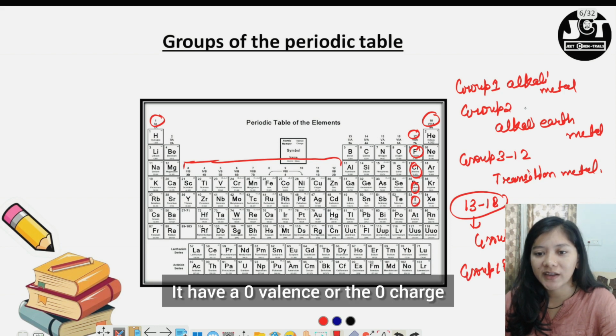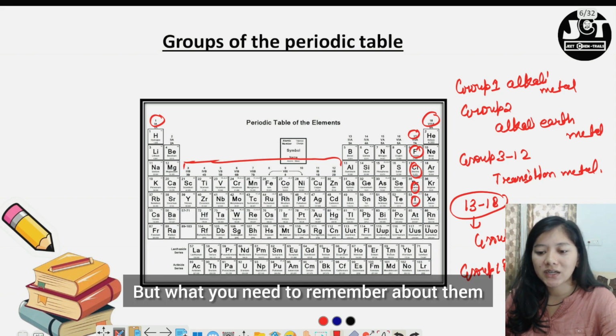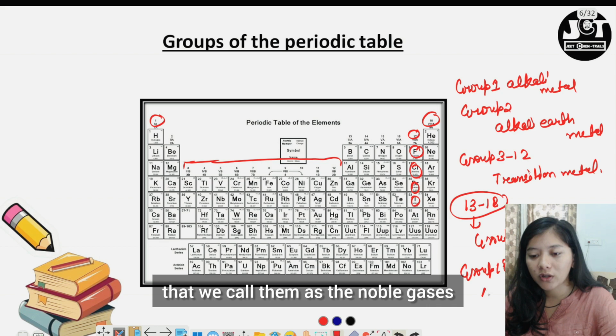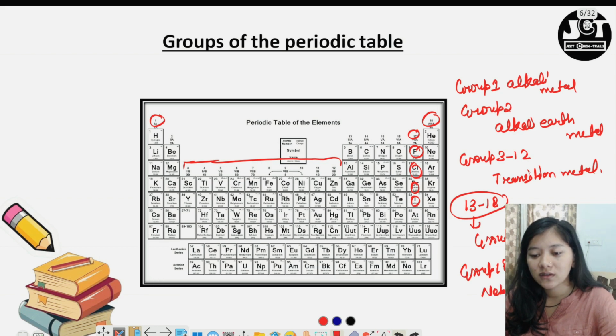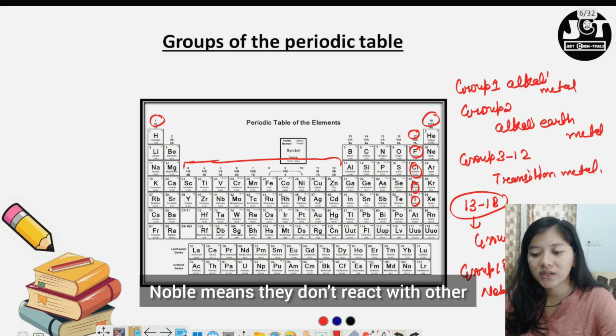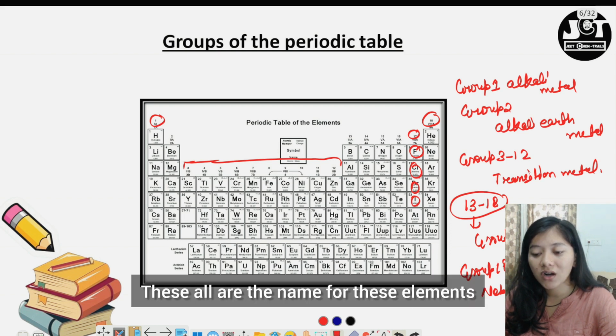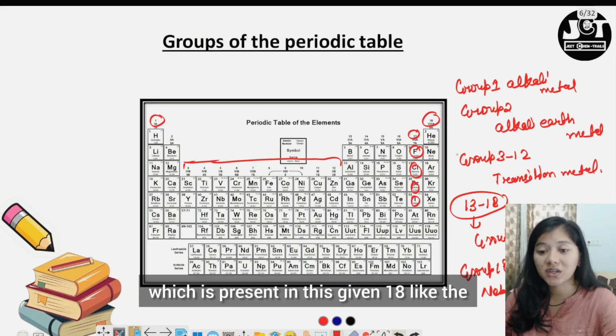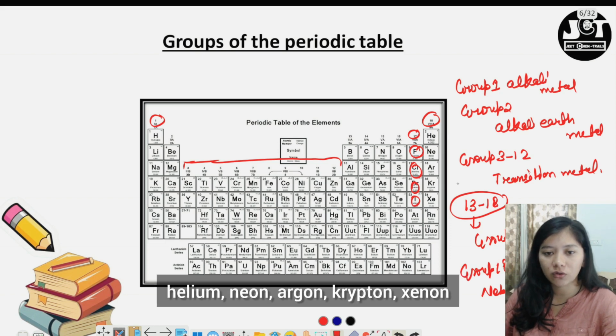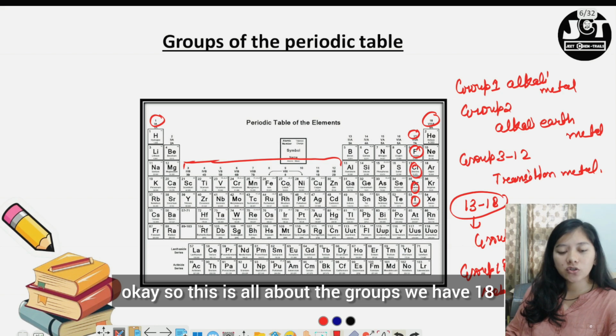It has 0 valence or 0 charge. But what you need to remember is that we call them the noble gases. Noble means they don't react with others, also called inert gases. These are the names for the elements present in group 18, like helium, neon, argon, krypton, xenon.